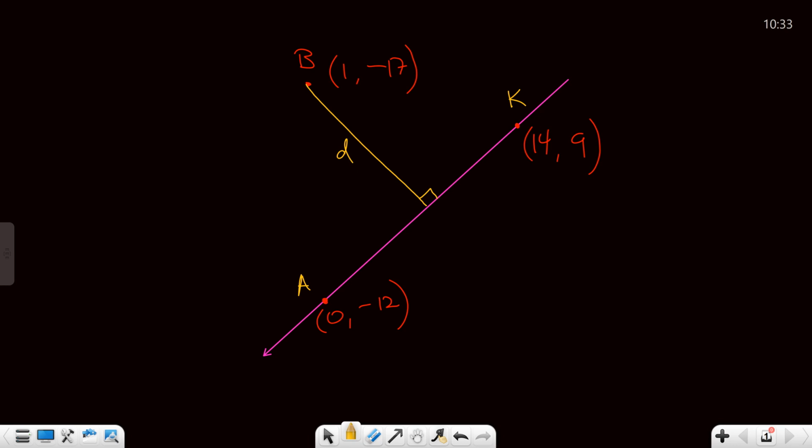So then, could it be, wait, this line, would that be like the midpoint? Could be, but we don't know.